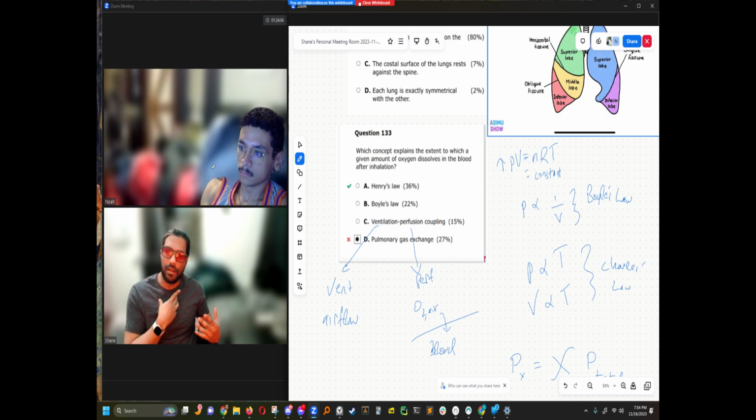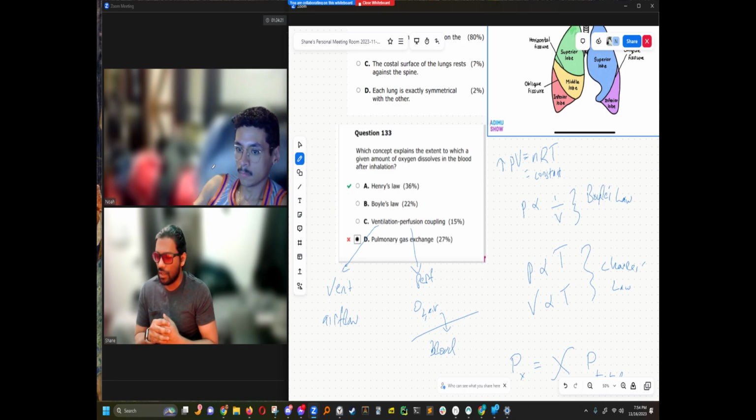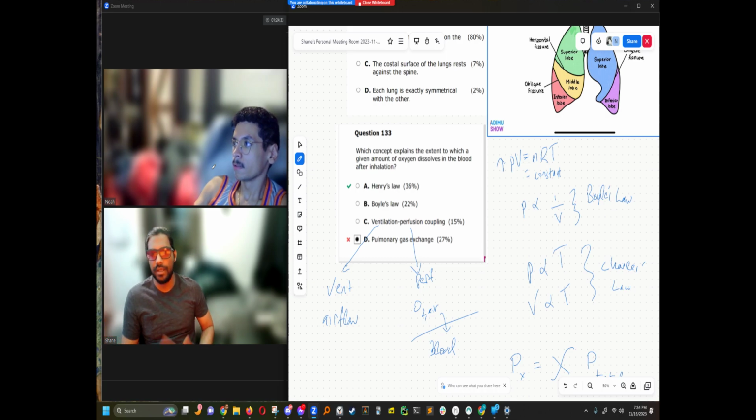And second, in our lungs, the gases go through the alveoli, and the gas gets exchanged from the alveoli to the blood vessels, like the pulmonary artery. So it's really just saying that the inhalation of the air and getting that air dissolved into the blood are coupled. They're going to be related.